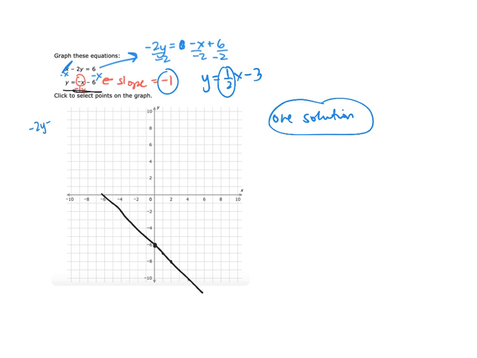So -2y equals 6, y equals -3. So this is when x is 0. So you want to plot 0, -3, which is here. And then when y equals 0, this knocks out, and so x just equals 6. So then you can plot 6, 0, which is here. And then you can see there's going to be one solution.